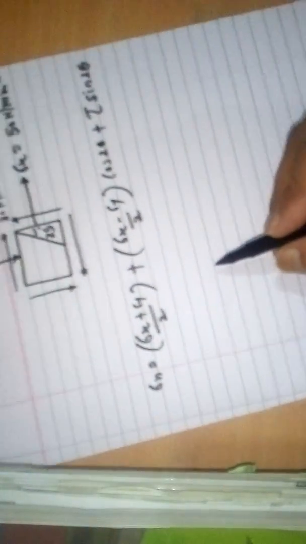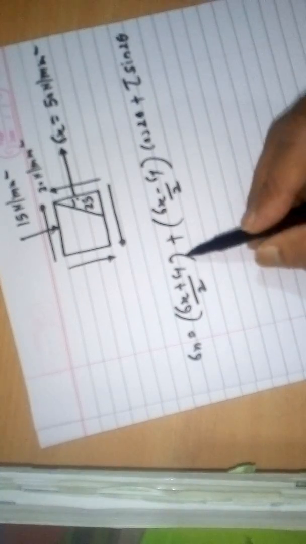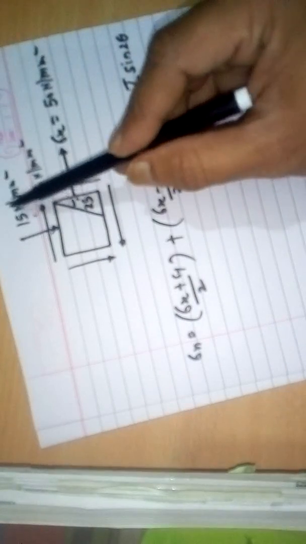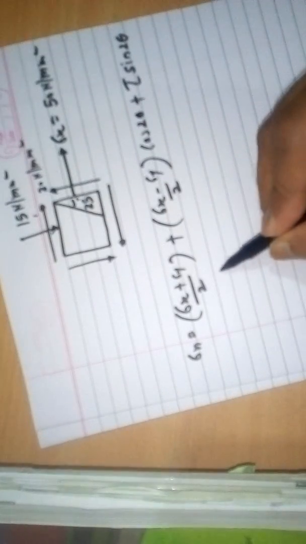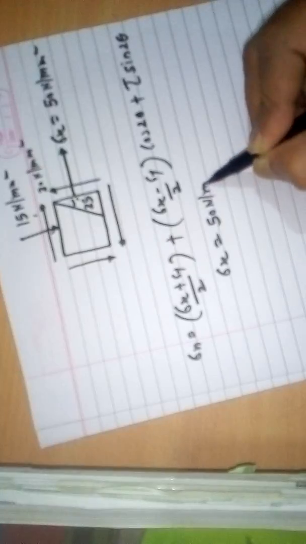Now we know the value of sigma x is 50 Newton per mm square. The value of sigma y is 15 Newton per mm square, but the value is negative. And tau is positive, that is 20 Newton per mm square.